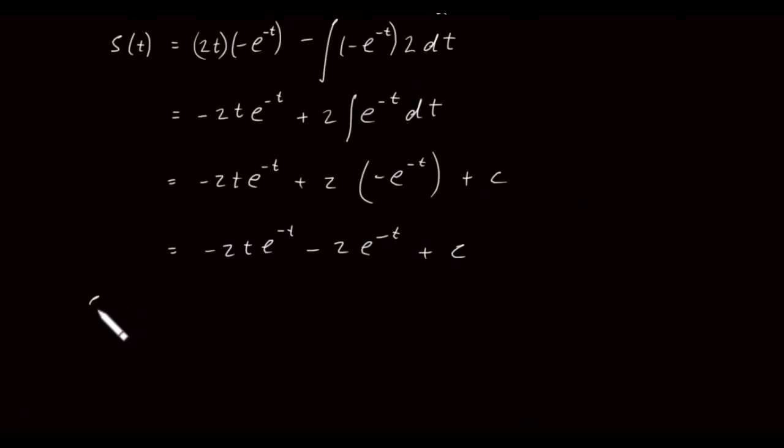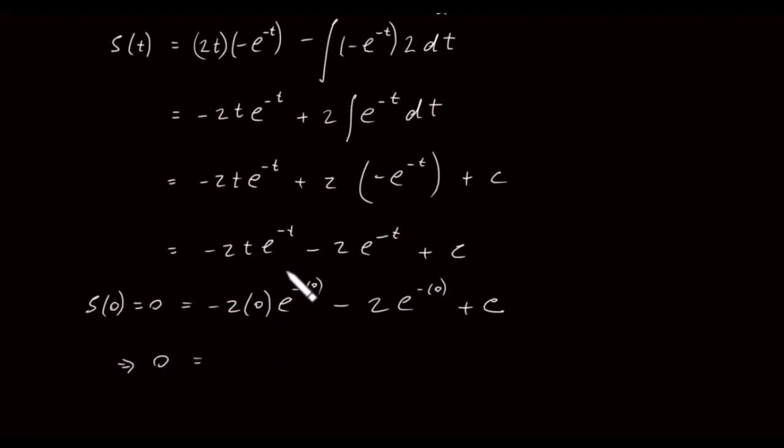So S of 0 is going to be equal to 0, so that's minus twice 0 e to the power of minus 0, minus twice e to the power of minus 0, plus c. So 0 is equal to, well, this first part just becomes 0, and over here we've got minus 2 e to the power of 0. This is just 1, so 1 times minus 2 is just minus 2, plus c. Bring the minus 2 over to the other side and you get c is equal to 2.